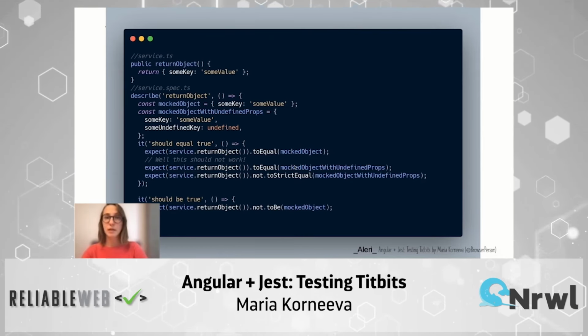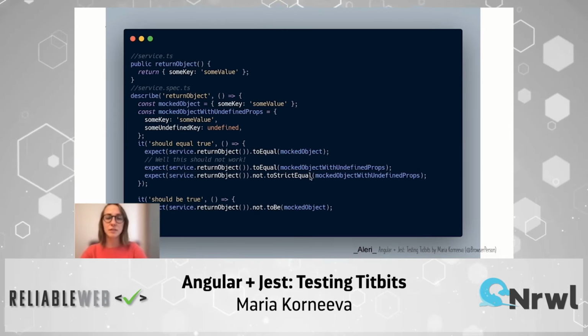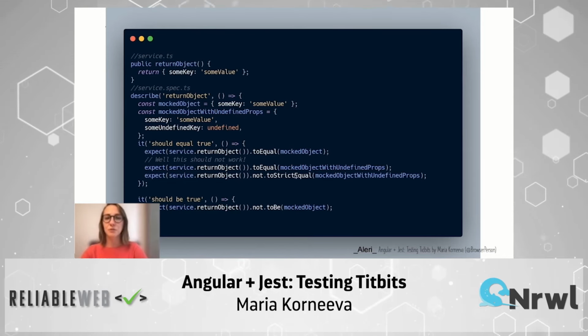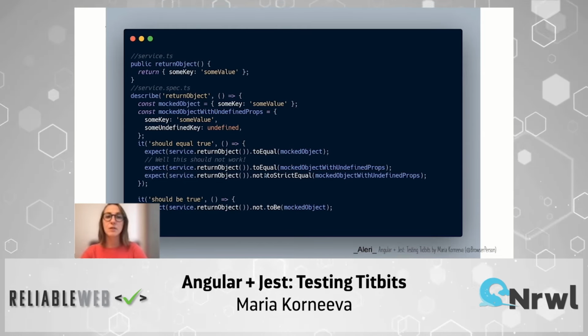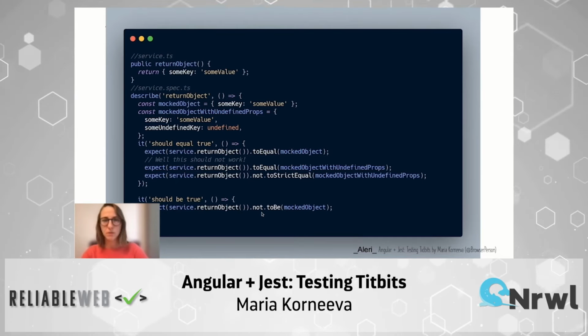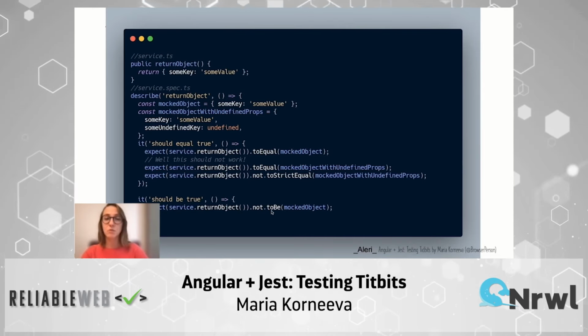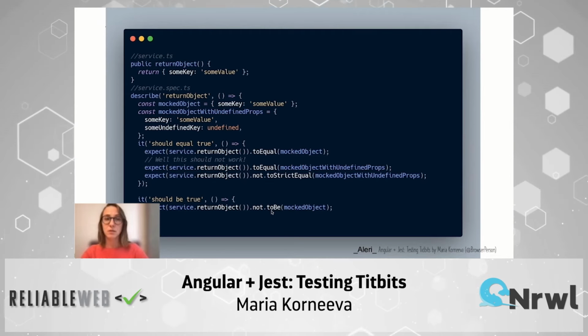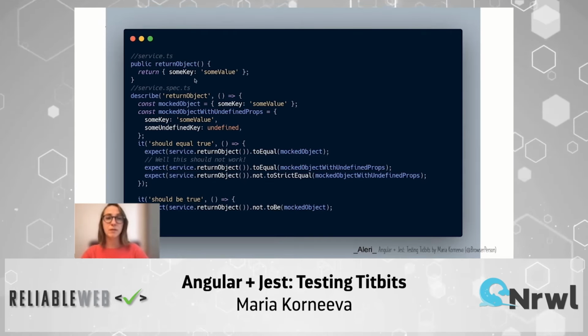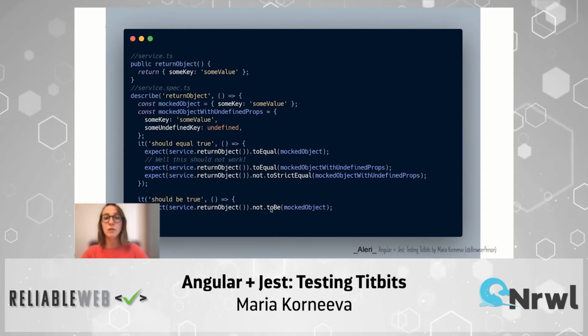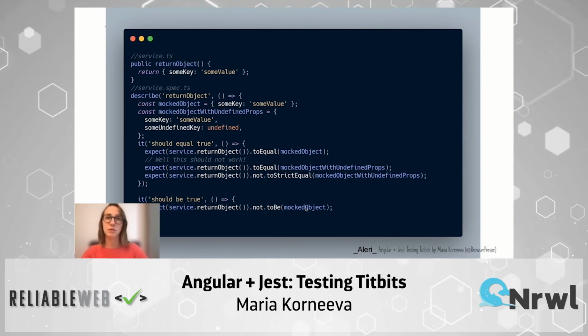That shouldn't be. So if you want this test to fail, you have to use toStrictEqual. If you don't want this test to fail, you put a not in front of it. toBe also enforces the strict equality. So for this test to pass, we have to expect the returned object not to be the mocked object.